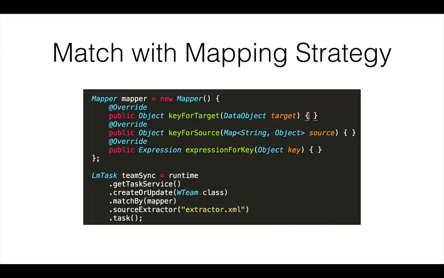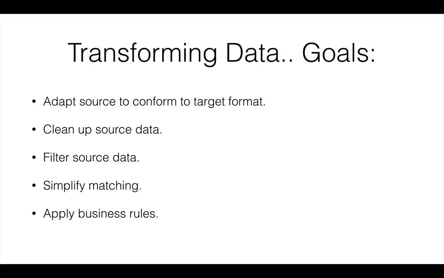It also asks you to provide a way to build a Cayenne expression. This helps us with batches, because we want to select not just by ID, but the whole batch at once from target. The last method, the expression for key, helps us. This is a custom mapper.